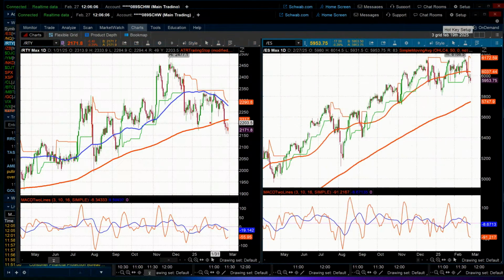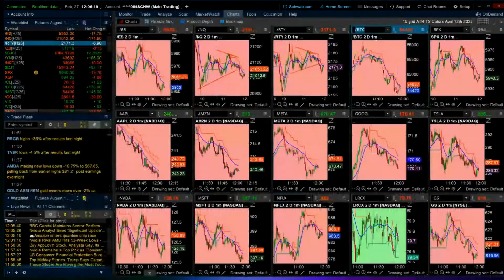So if the Russell goes to here, heck yeah, I think this goes to 5,800. If the Russell magically turns around, then I think that you're not going any lower. So that's what I see at the moment, which means right now a non-event.